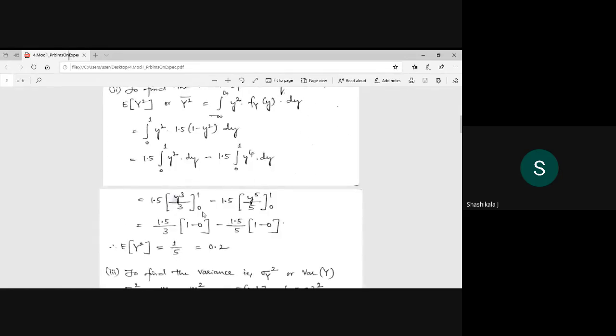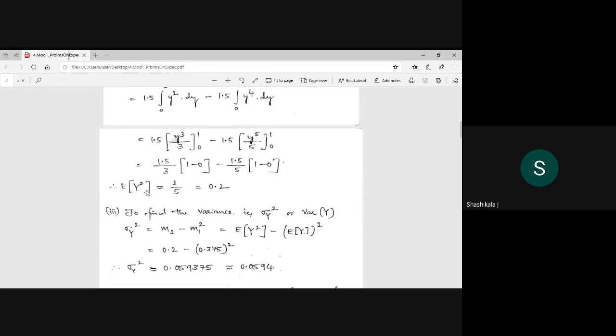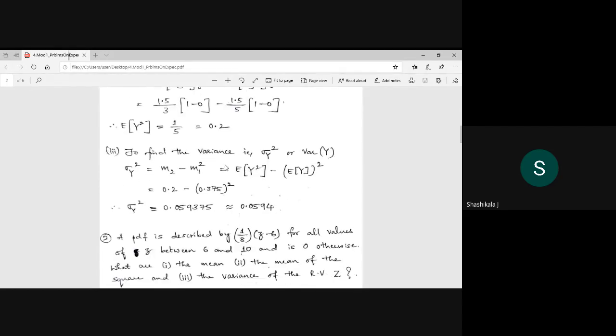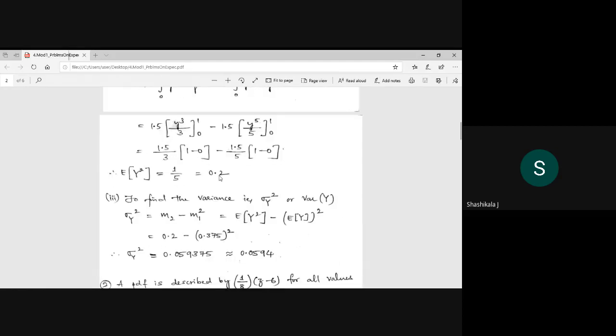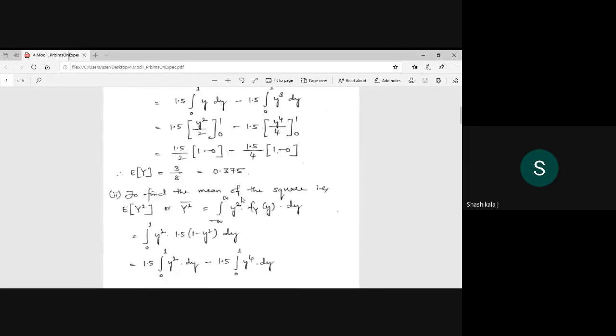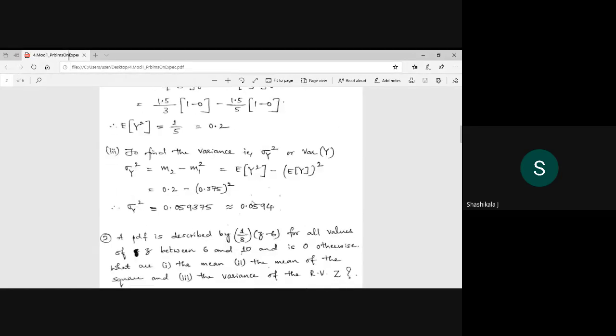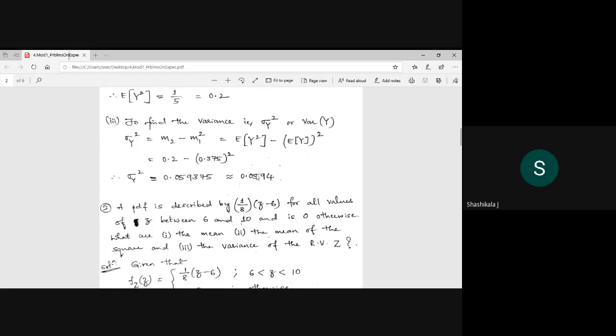Then E of y square, and next sigma y square. You can go for y minus mu x whole square, but that will be a tedious process. Instead, use m2 minus m1 whole square. Then you can calculate this.